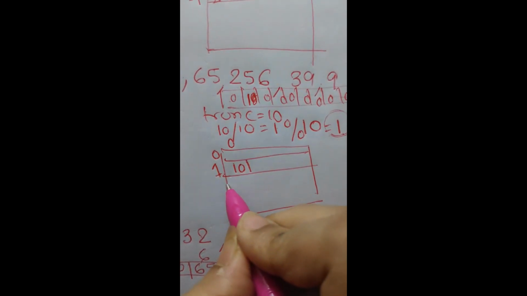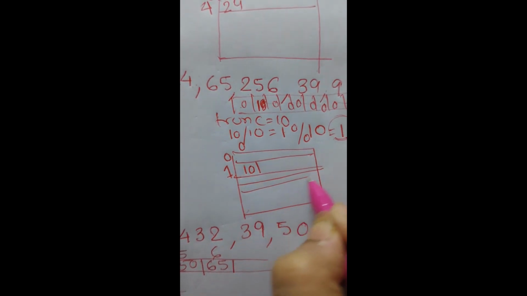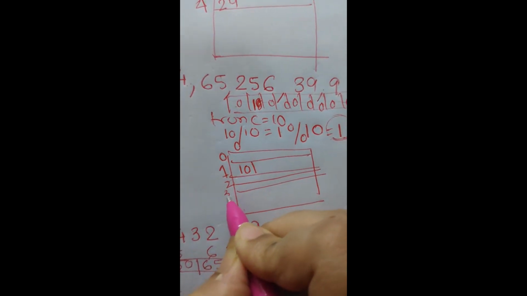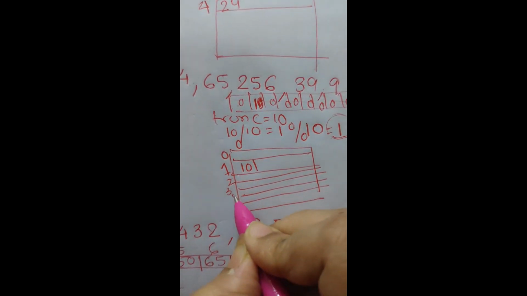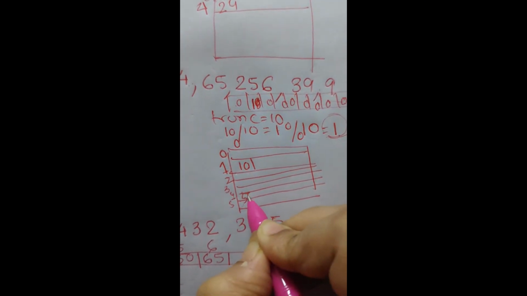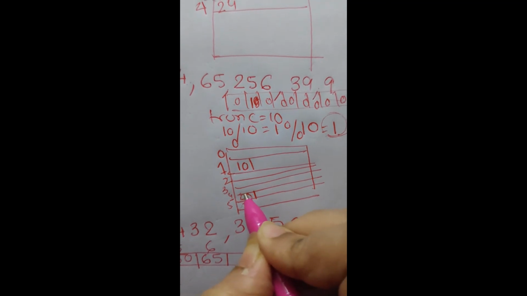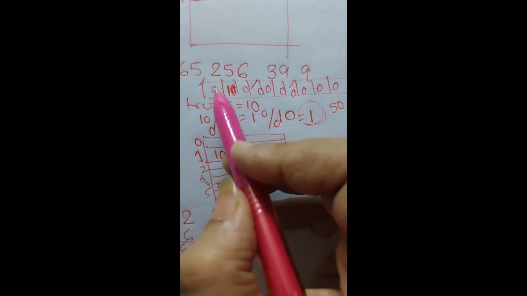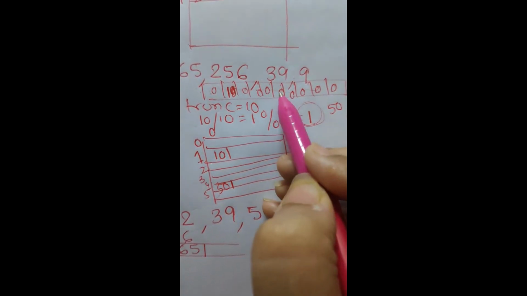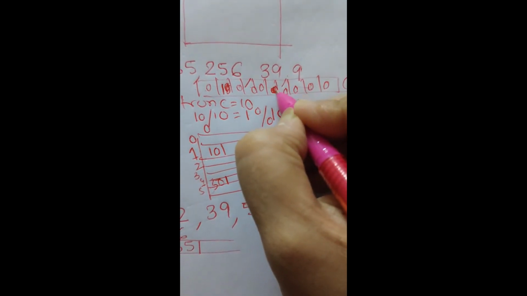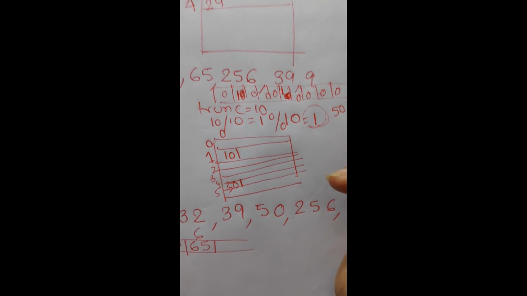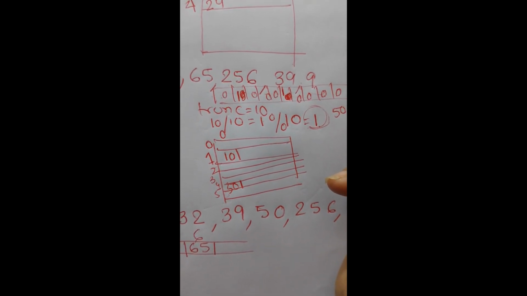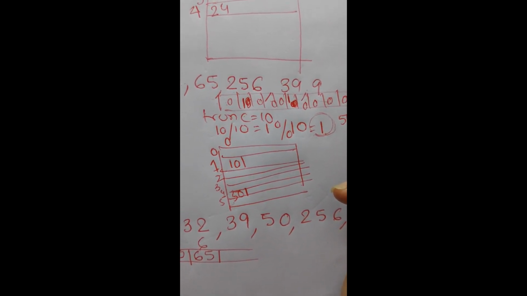That means in row number 5, 50 will become the 0th element, and this count value will become 1. Right? So this is how the elements will be arranged.